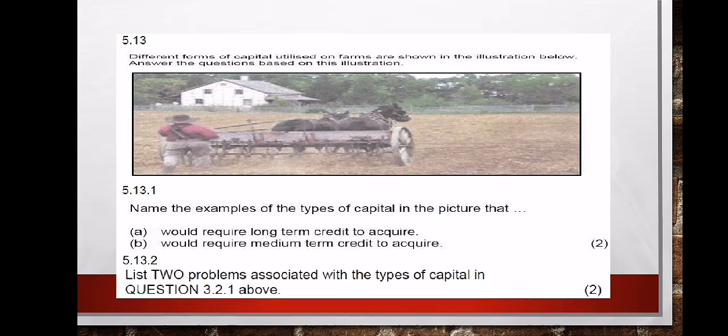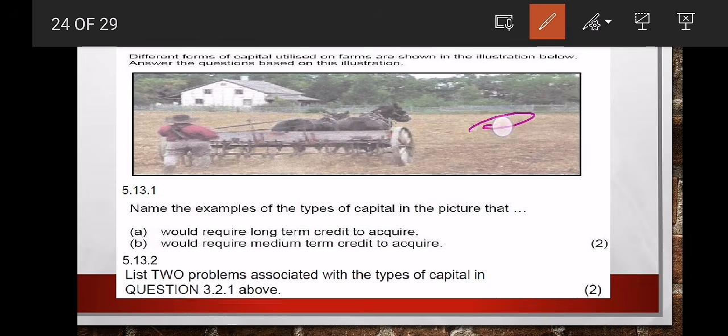Let us identify a fixed capital here. You have this land. It's a fixed capital. So one of the examples is land. You have this building, it also falls here. You also have this fence, it's also a fixed capital.